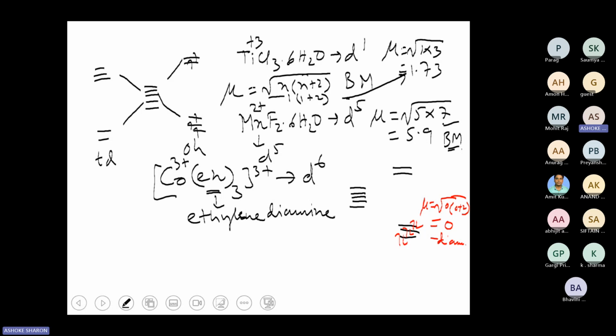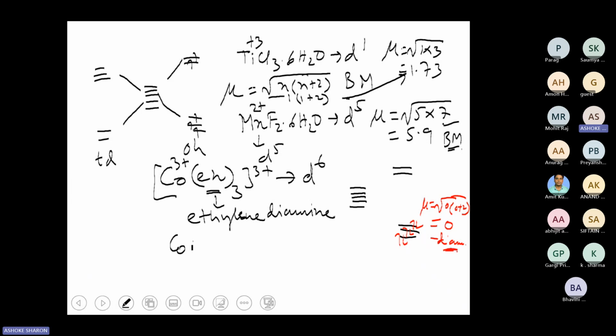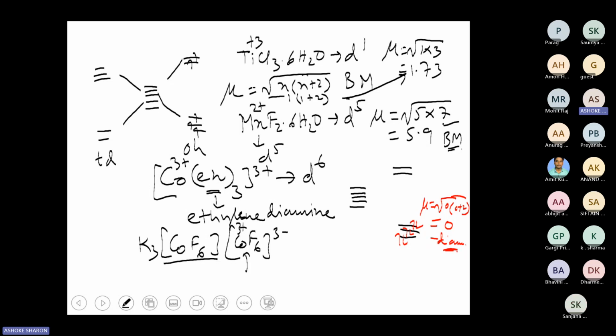Now if I take the molecule K3CoF6, the ion is CoF6 3 minus. So here cobalt is also in the +3 state. So it is a d6 electronic configuration, but fluoride is a very weak field ligand.